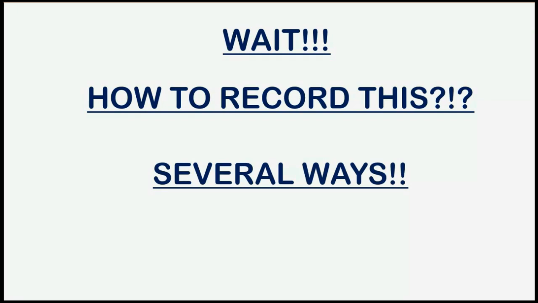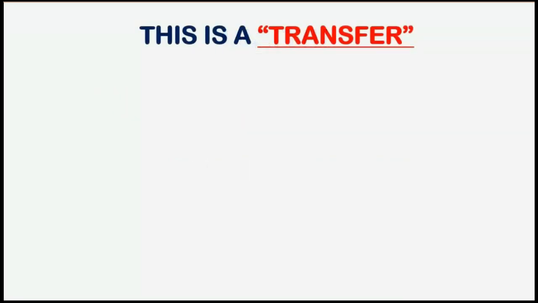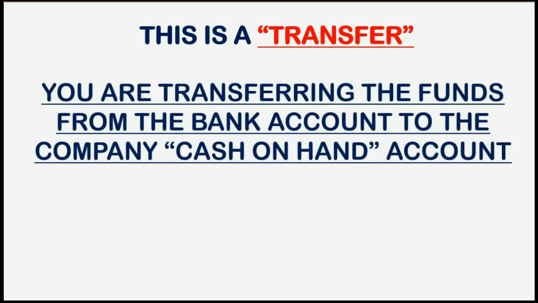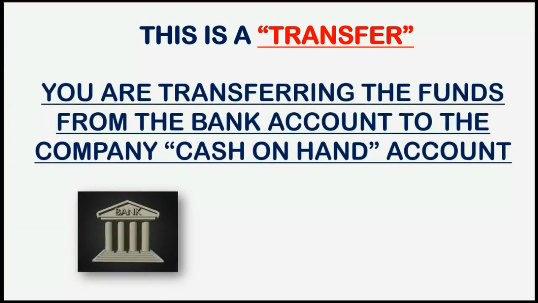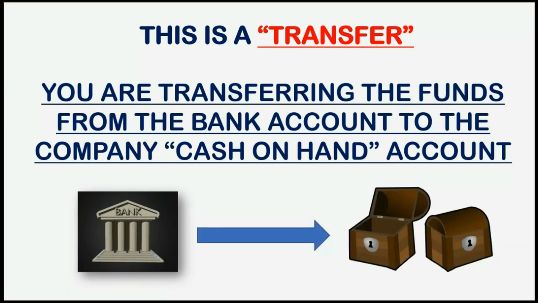Well, there are several ways, but the most appropriate way to record replenishing the company cash from the company bank account is to use the transfer window, because you are transferring funds from one account to another. Even though one is physically with you and one is at the bank, there's really money going from one fund to another, and the transfer window is the appropriate window.